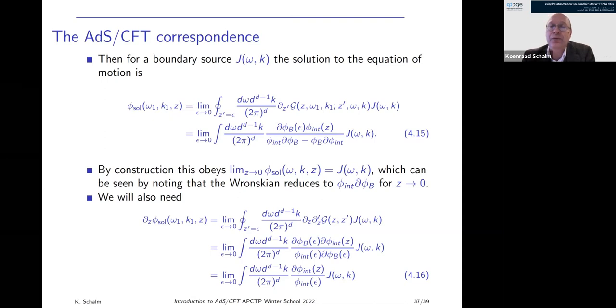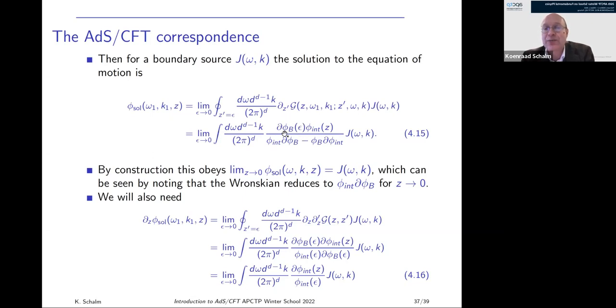And now we know what the general expression is for this Green's function, so we can just take this derivative and substitute it in. Now, clearly, when this derivative acts on the phi interior part, well, the theta function already takes care of that for you, but if it did act on the phi interior part, then taking phi B to 0 would give 0.